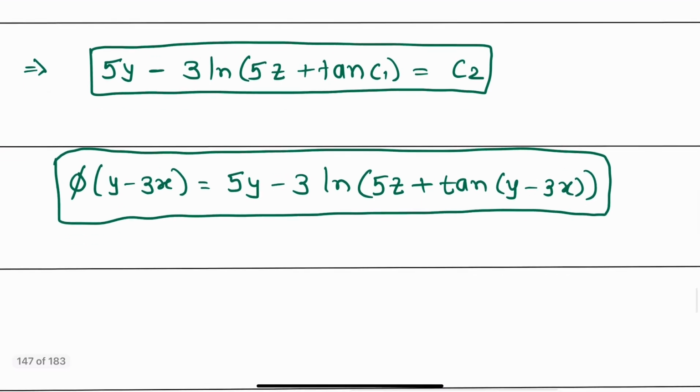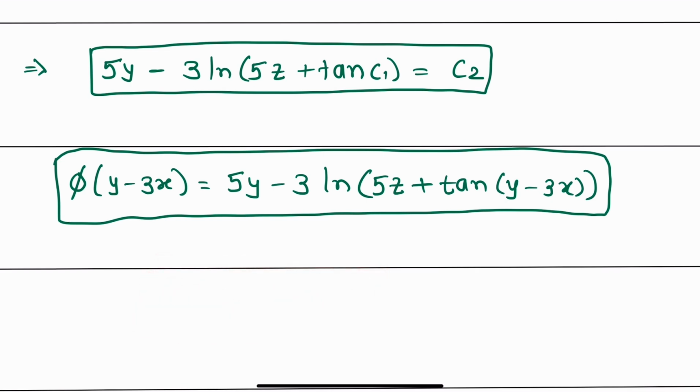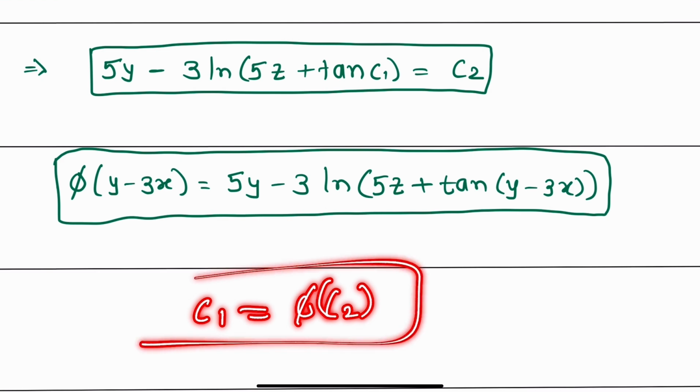See, earlier we wrote the solution in the form of phi of c1 comma c2 equals 0. Here as well we could write it, but just to show you the other way how we could have written it, I have written it as c1 equals phi of c2.